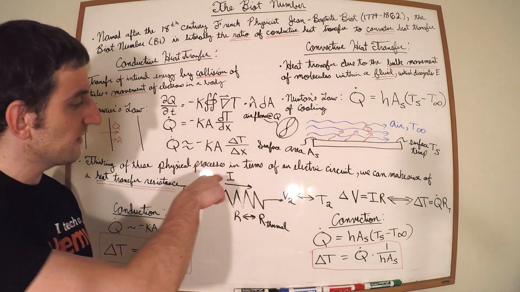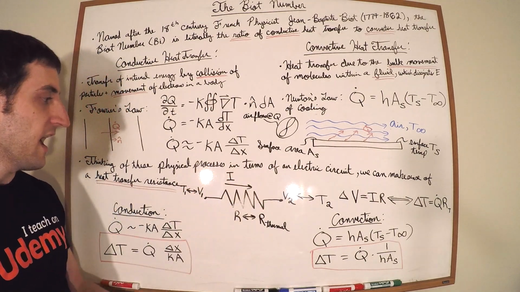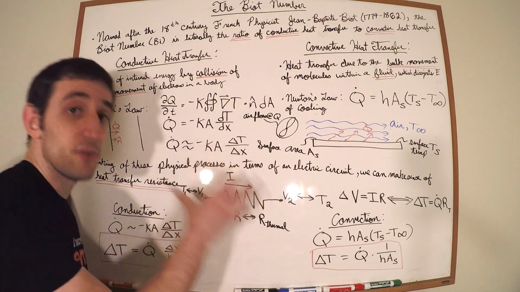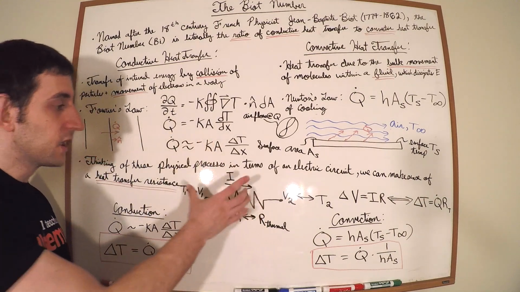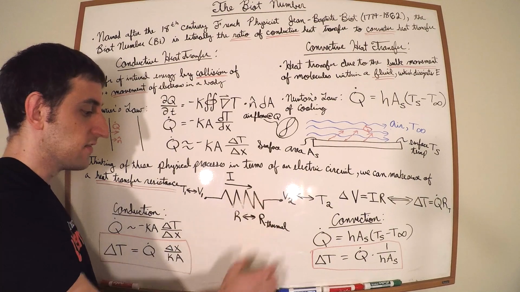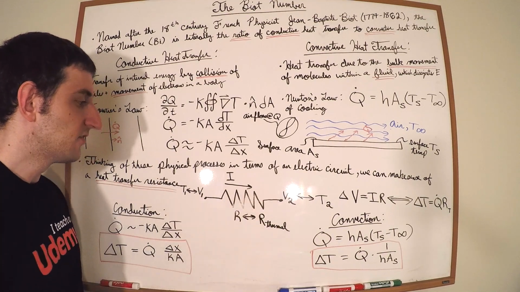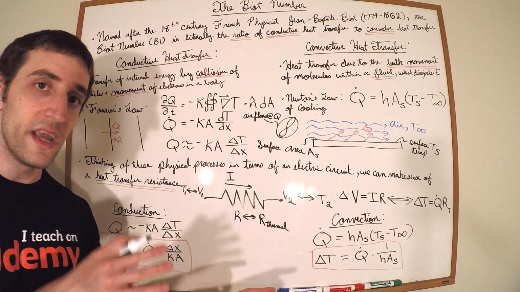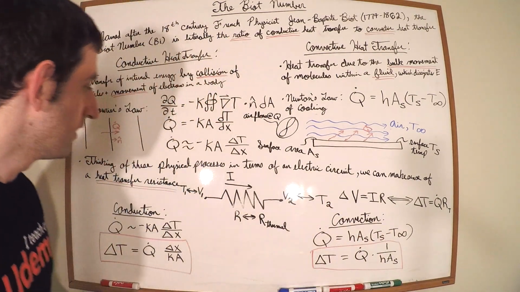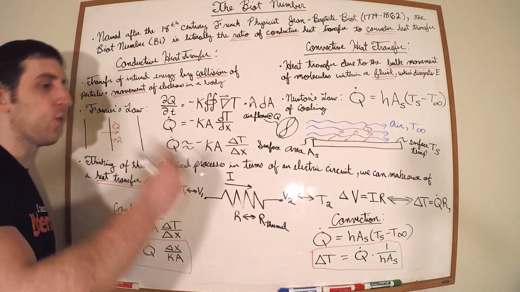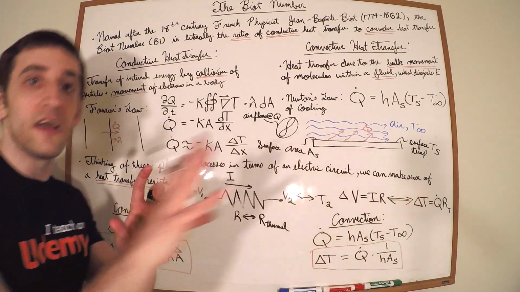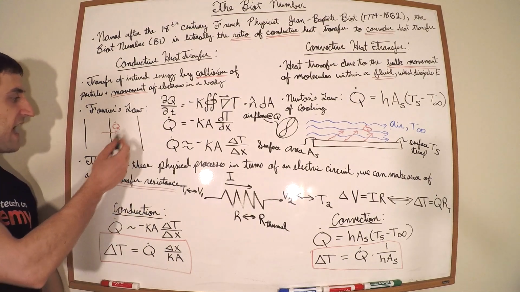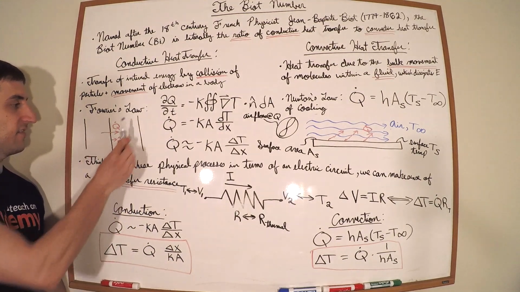We're going to have a current I that's flowing over it, and we can determine some resistance to that flow of the electrons going across this resistor here, okay? So what if I told you that if we took this, we can make an analogy with heat transfer? So the potential is what's really pushing the electrons across this guy. Well, what's pushing the energy from this guy to this guy?